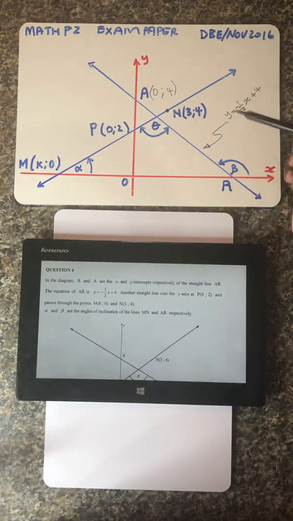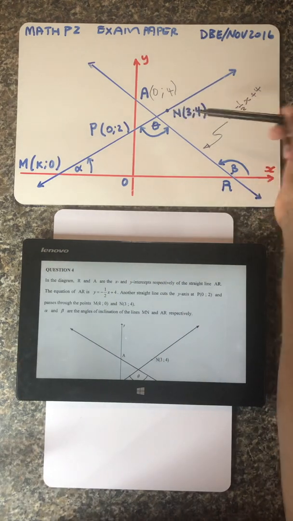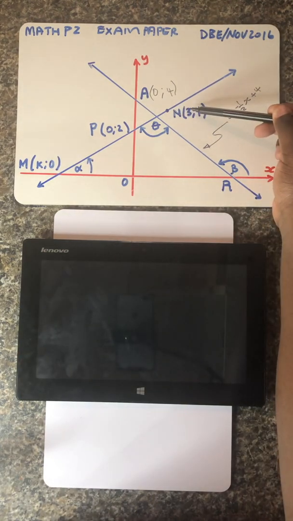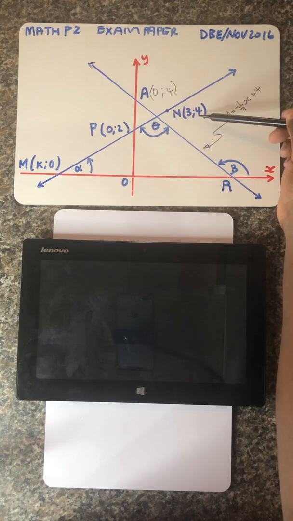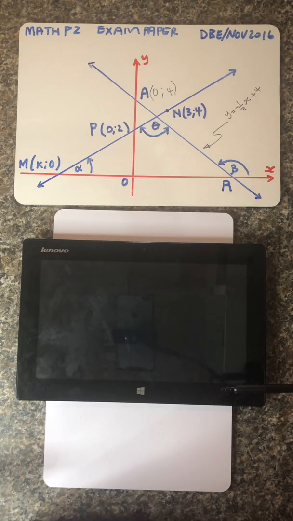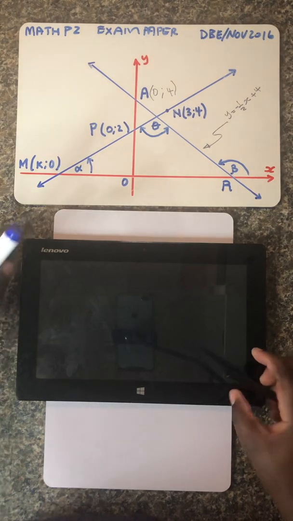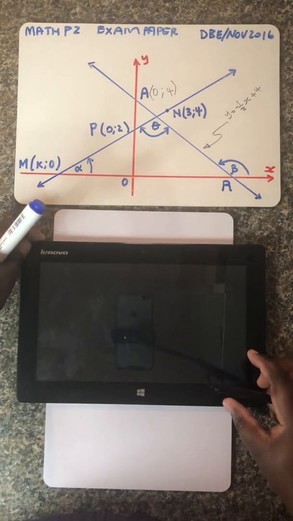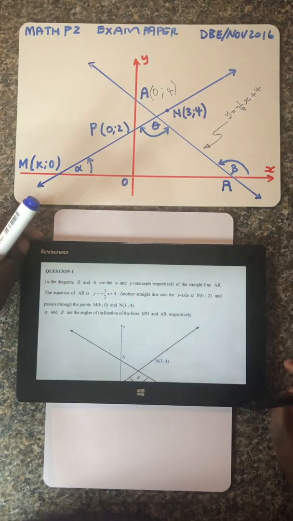And again, at that point N, you've got the x, which is 3, and the y value, which is 4. Let's see guys. I just want to see if there's something that I'm missing or if we should continue with this statement.